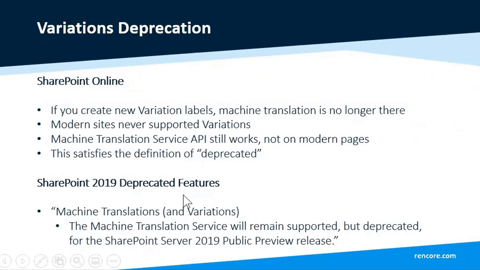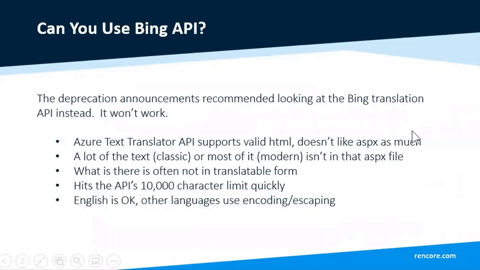In SharePoint 2019 as well, SharePoint 2019 says that machine translation services will remain supported, but deprecated. In actual fact, it doesn't work at all in SharePoint 2019 either. So one of the things that the deprecation announcements about the machine translation service have said in Microsoft is maybe you should use the Bing API.